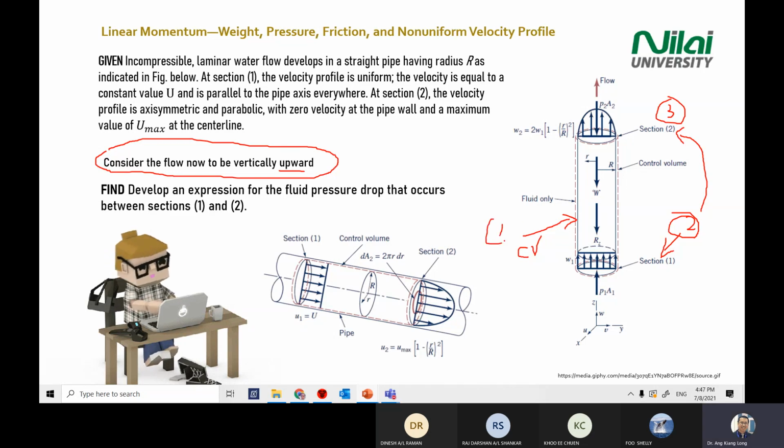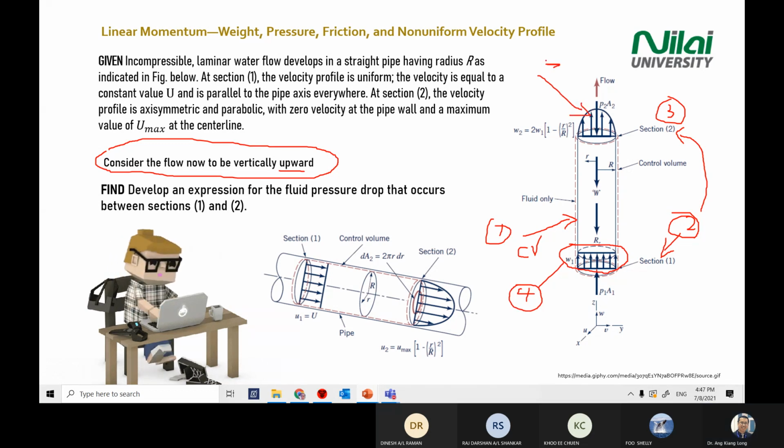First step, control volume. Second, inlet and outlet. Third, you draw the velocity. Fourth, draw the velocity at both ends. Mark your flow direction.